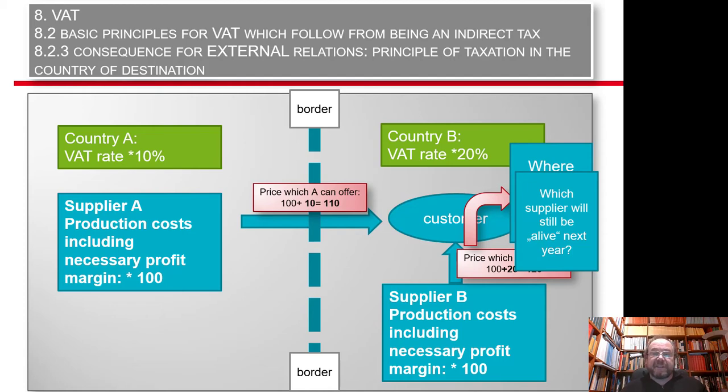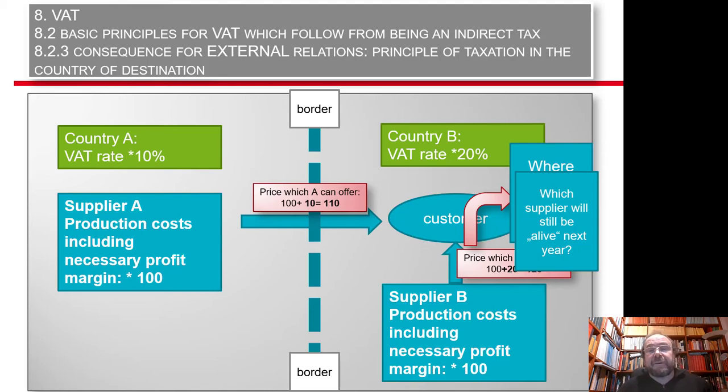And the question which pops up here is easily answered. Which supplier will still be alive next year? And the answer is only supplier A. Now imagine what that means if you have these two countries.